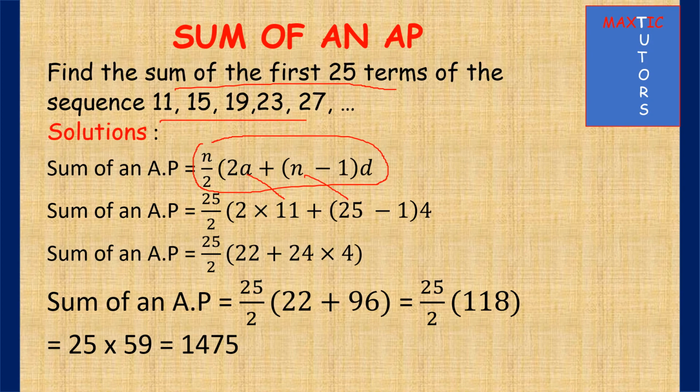Now d is 4, because d, which is the common difference, is equal to T2 minus T1, and T2 is 15. So 15 minus 11 is equal to 4. So when you substitute that in the formula, you are going to get the sum of the AP to be 1,475. Let's go on.